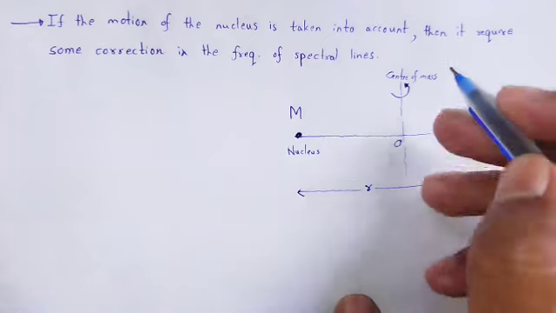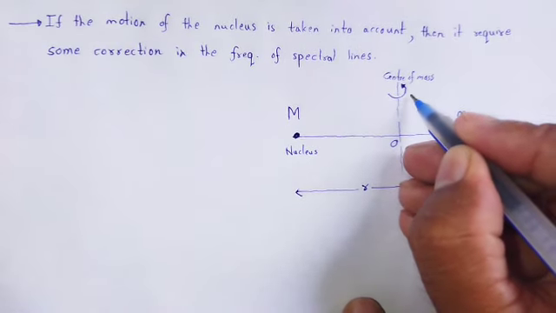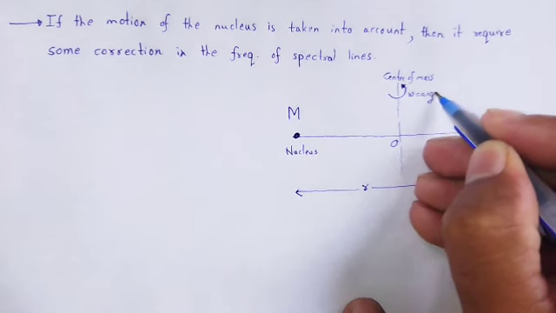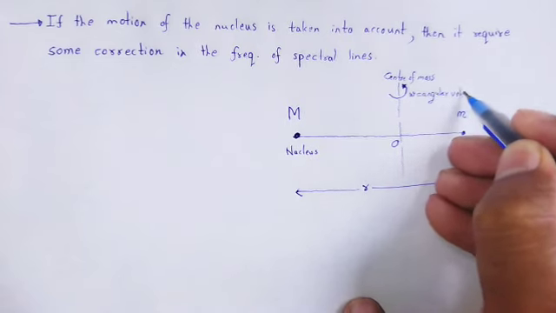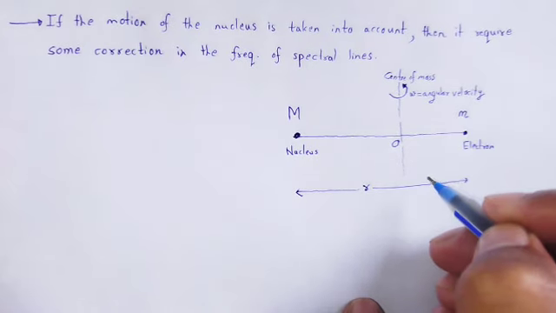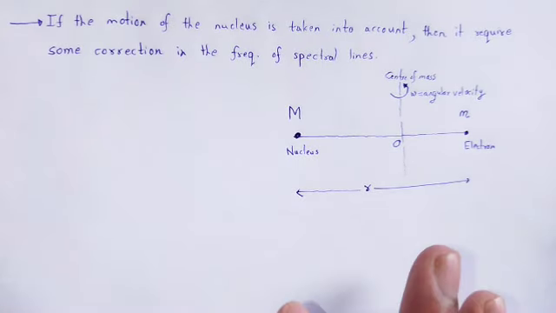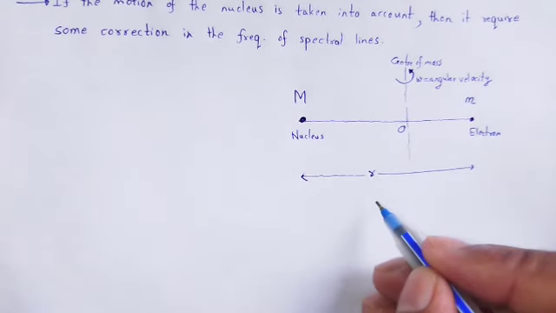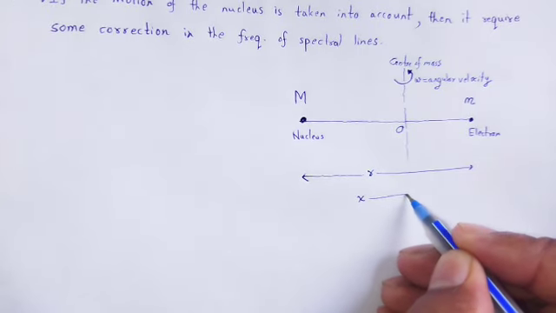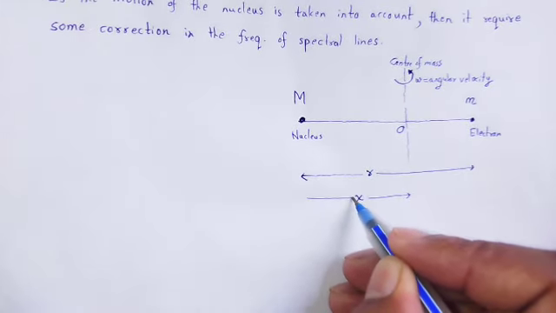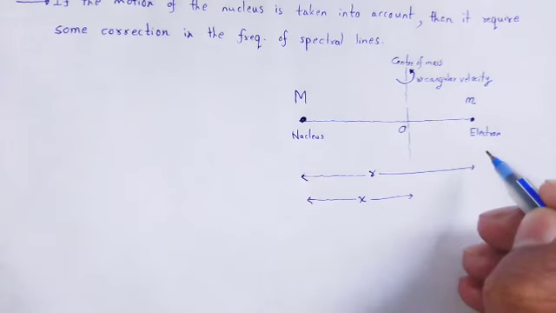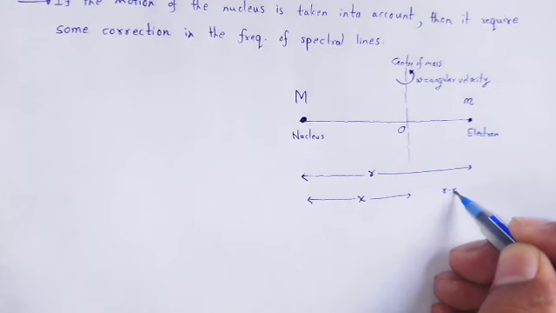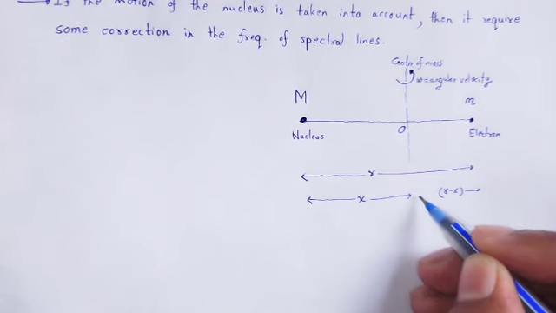and it has angular velocity omega. Let us say the nucleus is at a distance of x from the center of mass. Therefore, the electron is at a distance of r minus x from the center of mass.